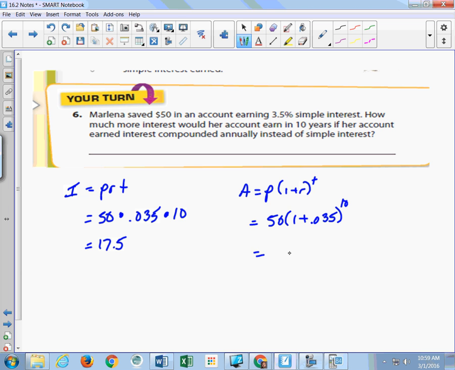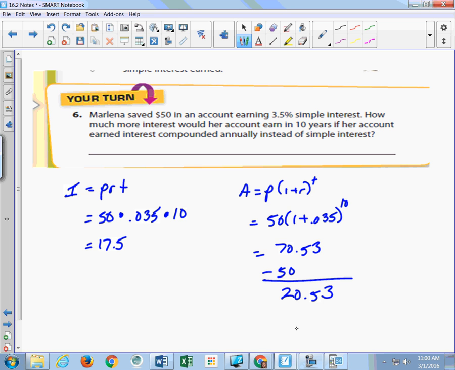Remember, this is an amount in the account. So we need to figure out how much interest we made. So we need to subtract our $50. So they made $20.53 in interest. So the question was, how much more interest?